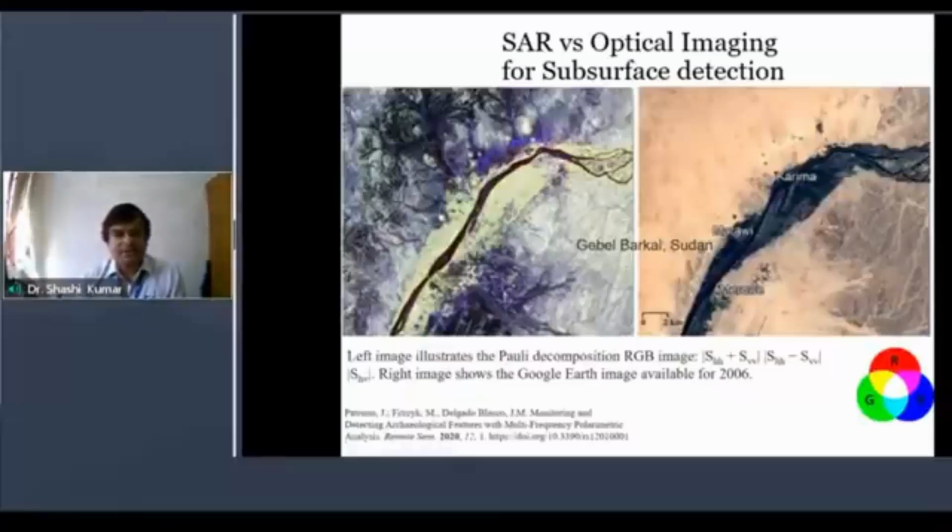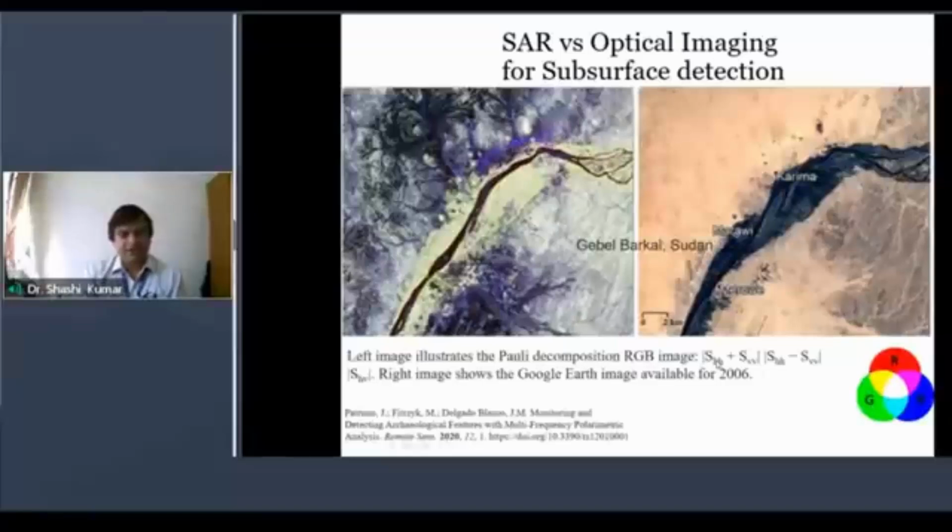We are getting this information in a very good manner because all the details could be easily seen. But here a false color composite image is generated with different polarimetric combinations. What polarimetry and the polarimetric combination are, we will learn. But here I am first showing the imageries, and then we will go into some details of the theory and then we will understand what polarization is.